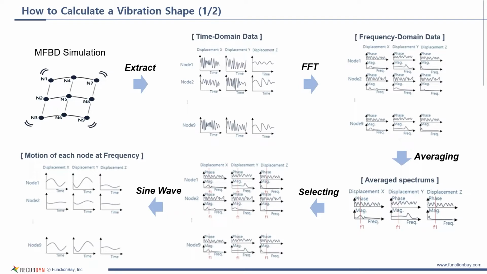We'll have results in the time domain, as we see here, and those results will be expressed at each node in the flexible body. We'll take that displacement information, the FFT will be run on it automatically, and then we'll come up with frequency, magnitude, and then the phase plot for the various nodes in the system and the flexible body.